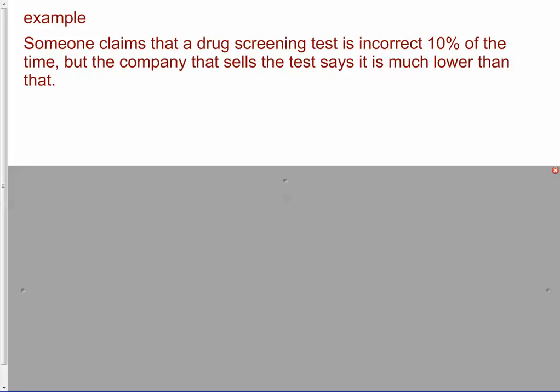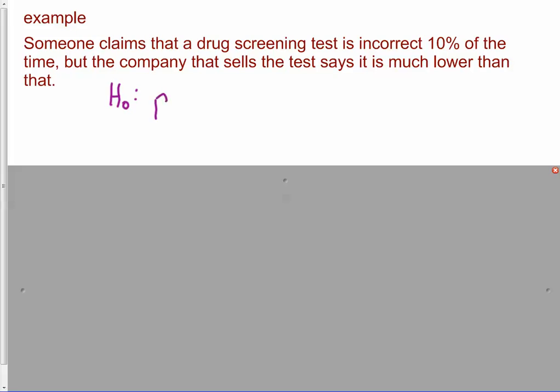So suppose that somebody claims that a drug screening test is incorrect 10% of the time, but the company says, no, we do better than that. The percentage that's incorrect is lower than that. All right, so we can turn this into a hypothesis test.